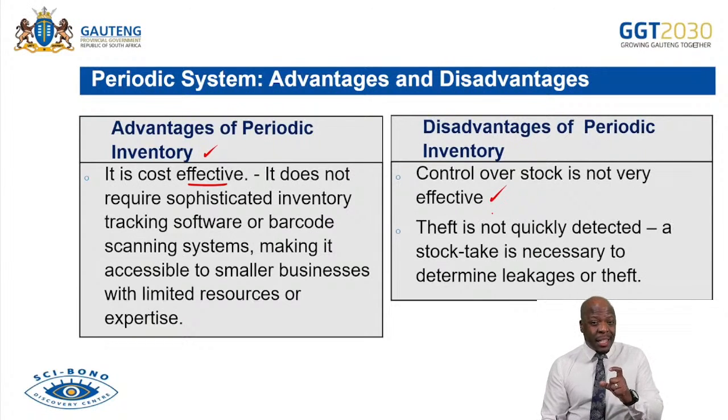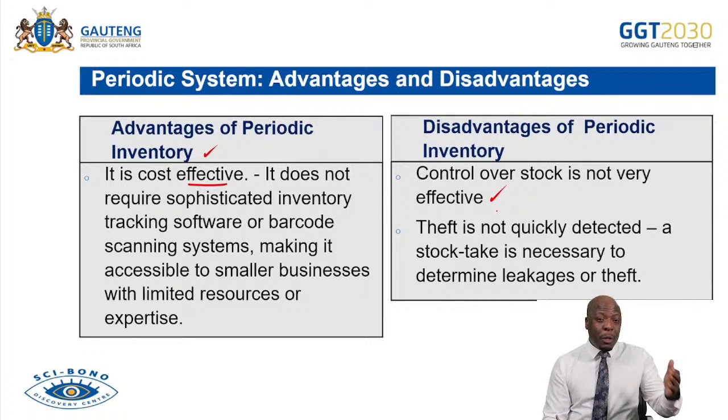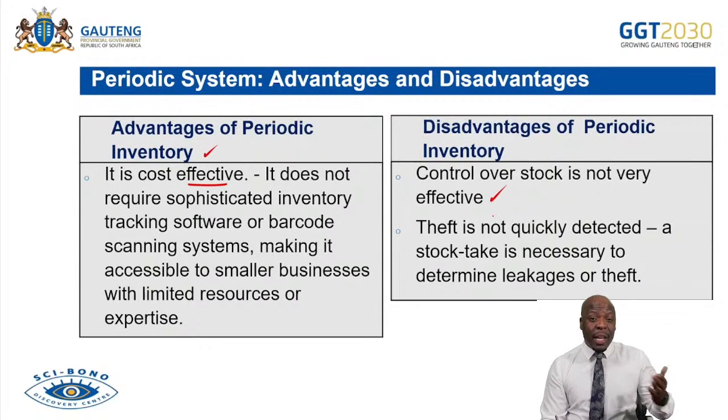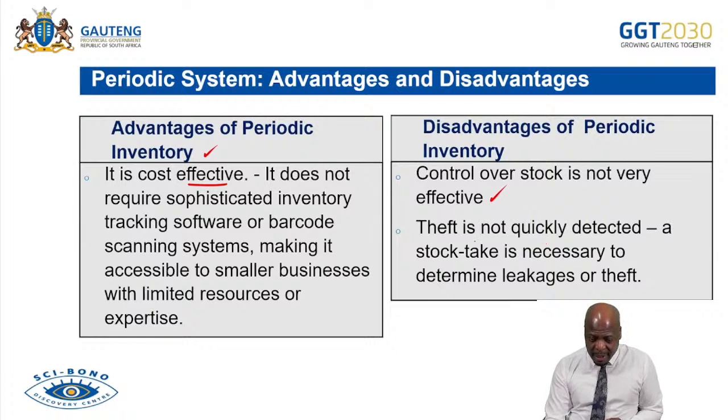Because once we detect that stock is being stolen, then we can put measures in place. But with this system, stock theft can go on undetected until we get to the end of a particular period. Theft is not quickly detected, and you will not therefore know if stock is being stolen and how you can avoid such.